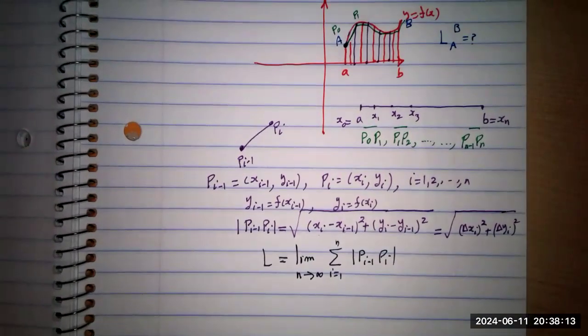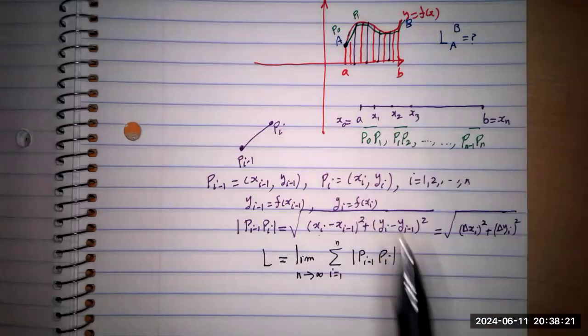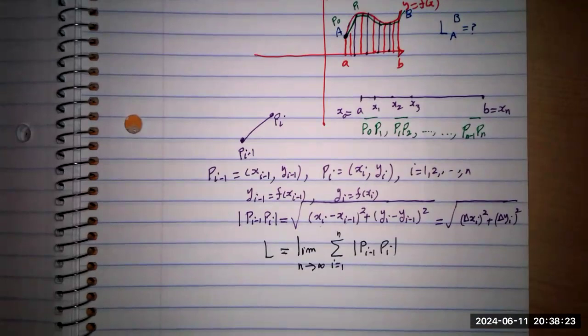So we just pick some partition. Some people may divide into 5 parts, 10 parts, 100 parts, but if you increase the number of partitions, you are going to get a better estimate. Okay, so this is it.